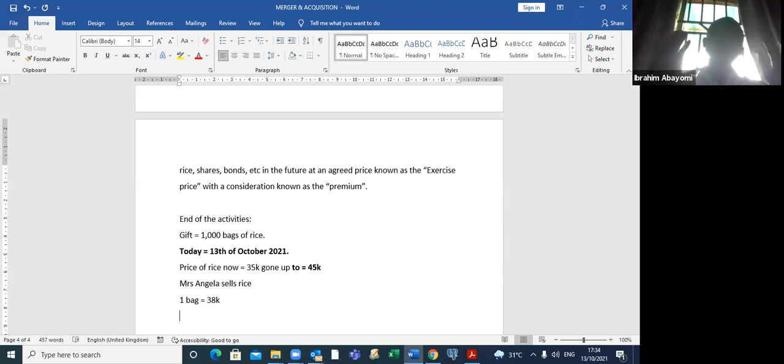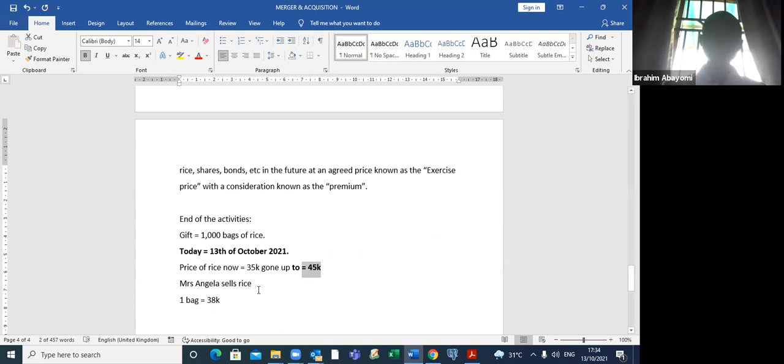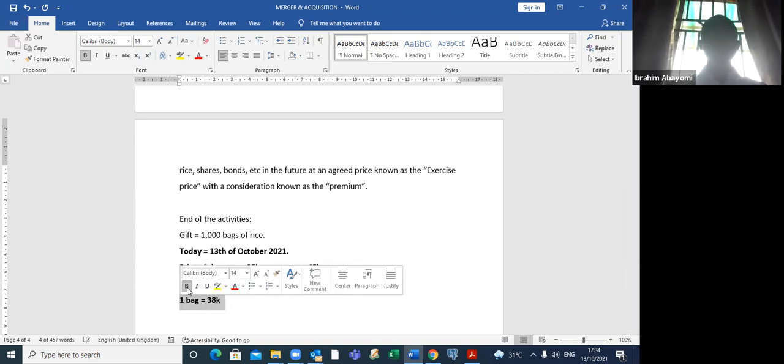So the time has come for me to buy the rice. So even though 1 bag of rice is sold at 45,000 in the market, I will buy rice from Mrs. Angela at 38,000 naira a bag. So in that case, I'm exercising my right. The exercise price is 38.